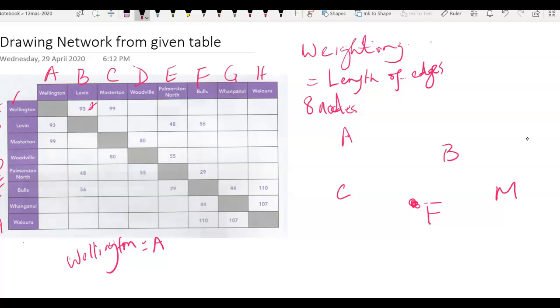And then look at D. D is also connected to 2. E would be 3. So most likely I place it somewhere over there.